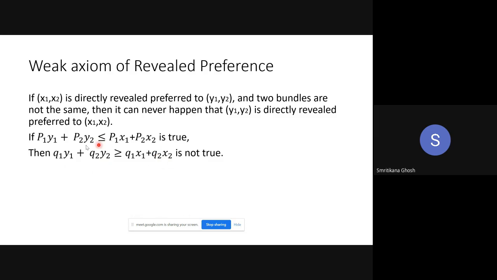So if this inequality is true, then the consumer will definitely prefer Y1, Y2, not X1, X2. But by assumption, we are eliminating the second inequality. It is not true. So if the first one is true, then the second one will not happen. Read it again and again, then ask me your question.